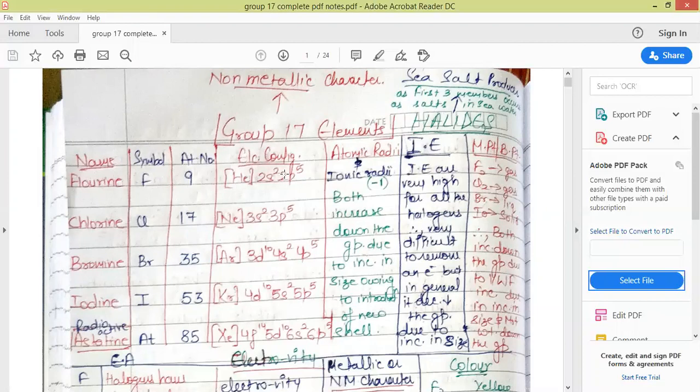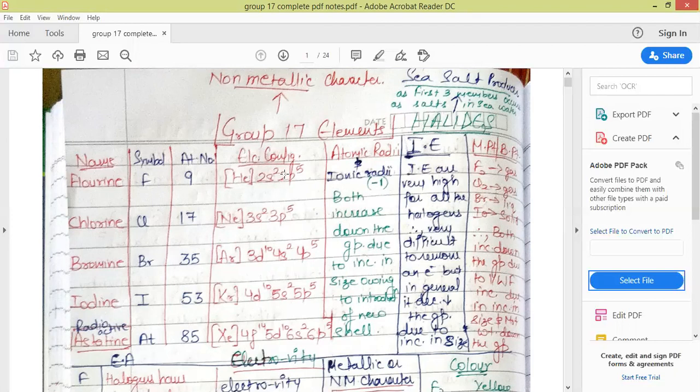Now let us discuss the periodic properties of group 17 elements. First is the atomic radii and ionic radii. Ionic radii we will be discussing for the -1 oxidation state, as -1 is the most common oxidation state of this group, as they require just 1 electron to complete their octet, so they will gain 1 electron in the most commonly known compounds.